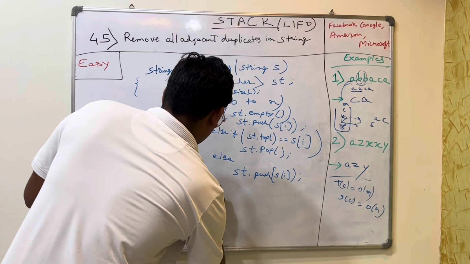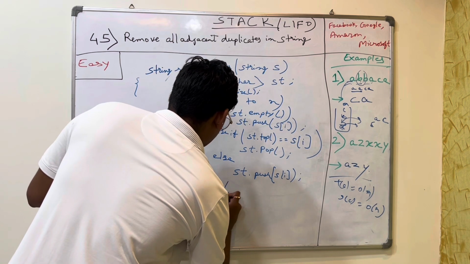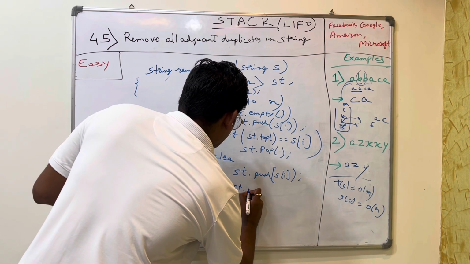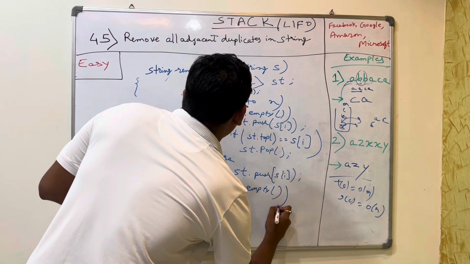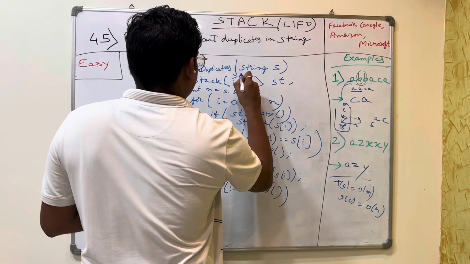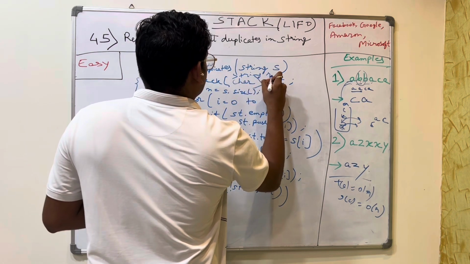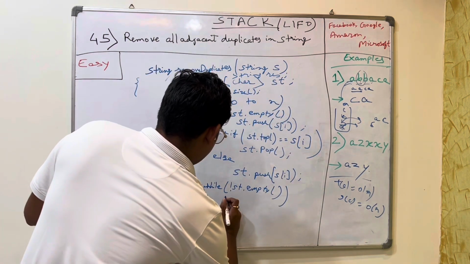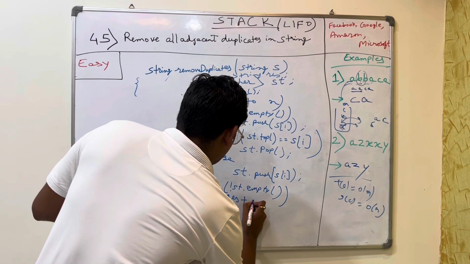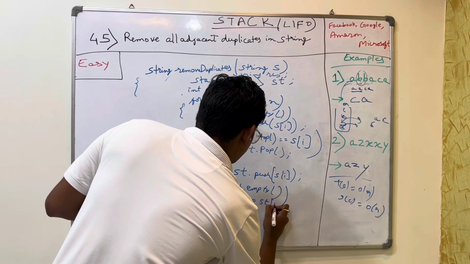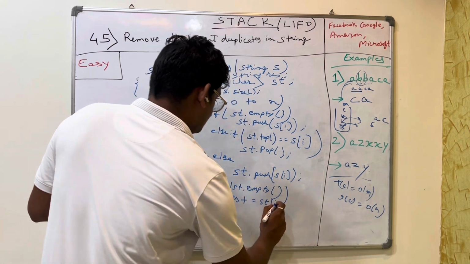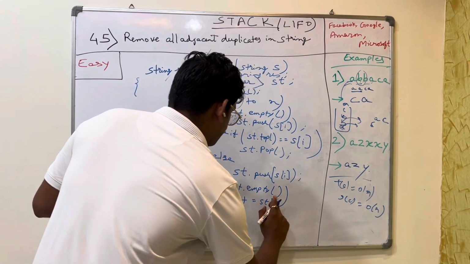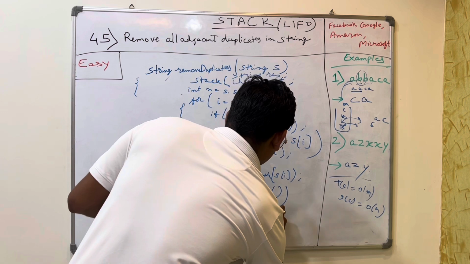While the stack is not empty, what do I do? I have a string result, and I append all the values of the stack, st dot top, right?